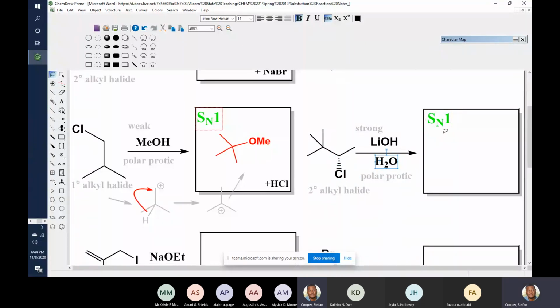Okay, so we realize this is SN1, and the big thing to always keep in mind is what potentially happens with SN1 reactions? Rearrangements. Yeah, rearrangements. That's right. So let's take a look at the carbon cation that forms.